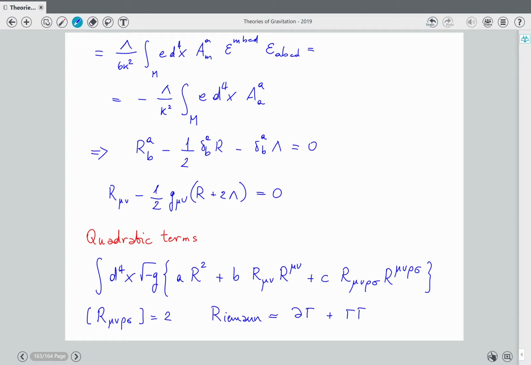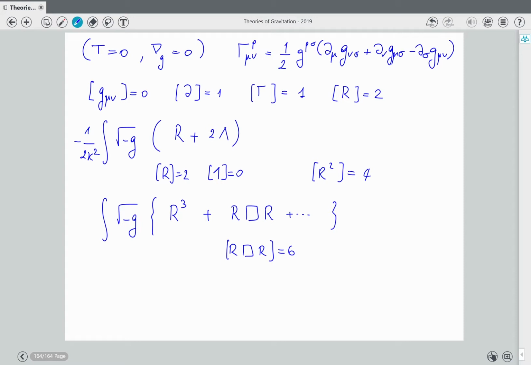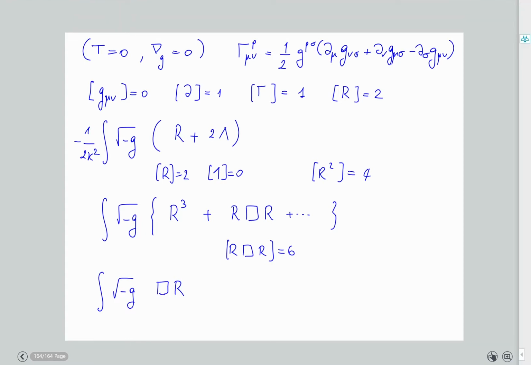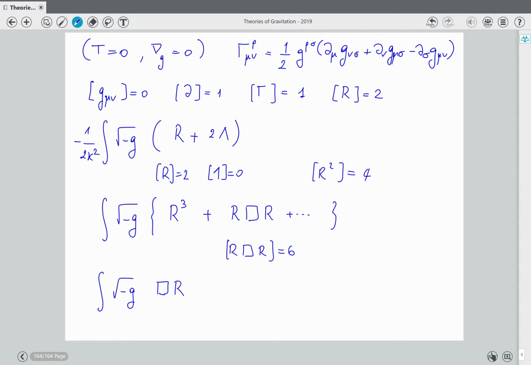And are these the only ones we can build? Yes. So you cannot use derivatives. Why? There is actually another term you could write, which is covariant with dimension 4. That would be this one. But that is the integral of a total derivative, because that is the integral of an object like this.